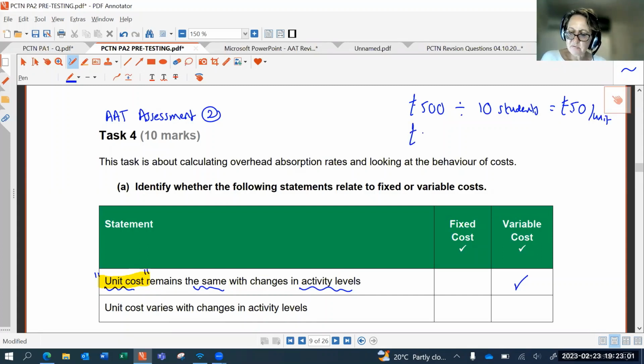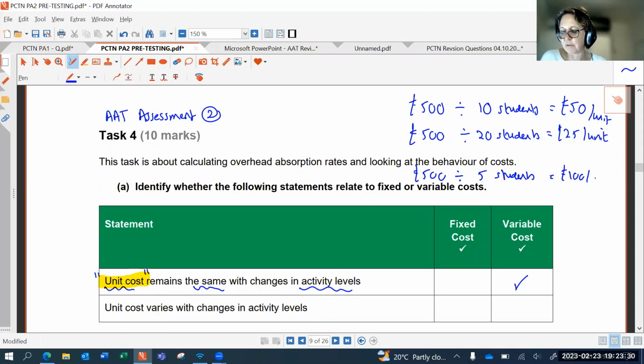Now, if the number of students on the course doubles, the tutor still gets paid £500 for the course, but they've now just got to teach 20 people instead. So the £500 now shared over 20 people is going to be £25 each. And on it goes. If we only had 5 students, the £500 cost would be shared over just the 5 students. So it would actually be costing me £100 per student to run that course.